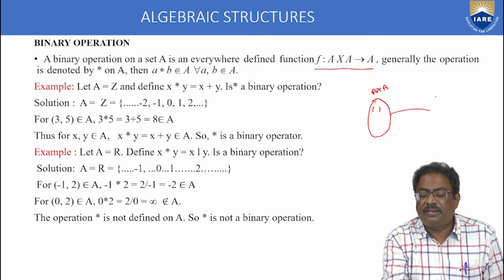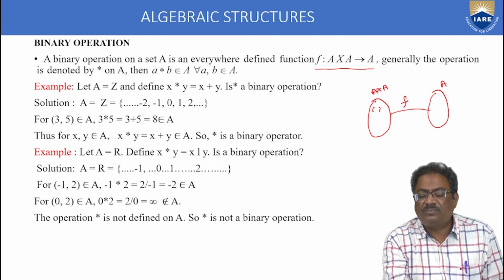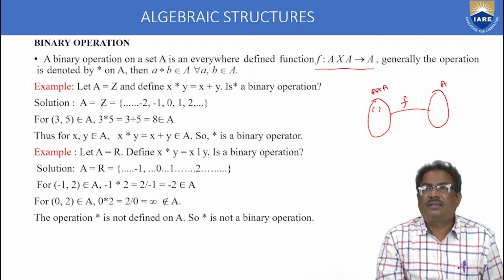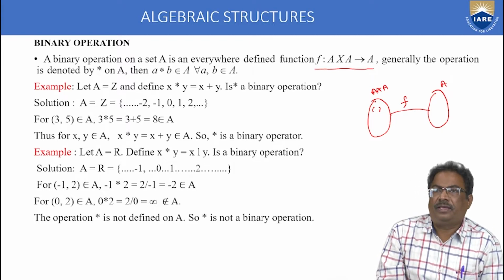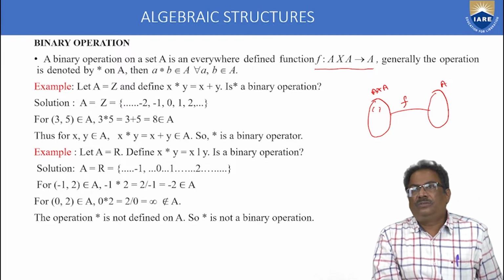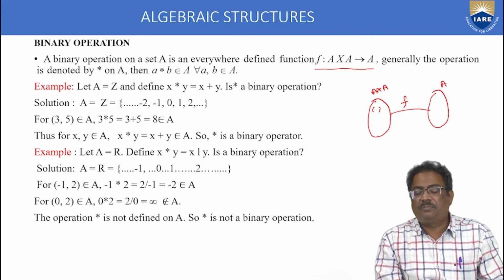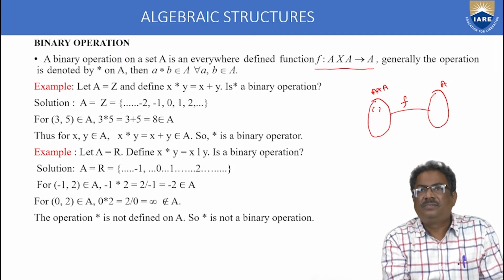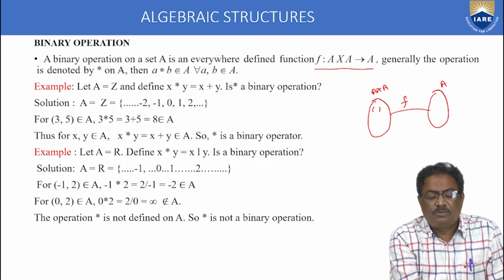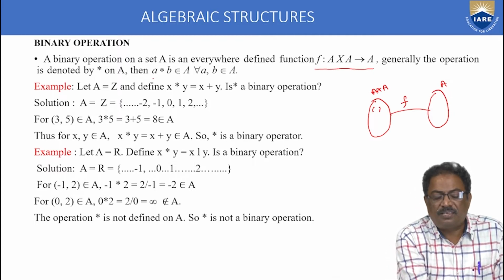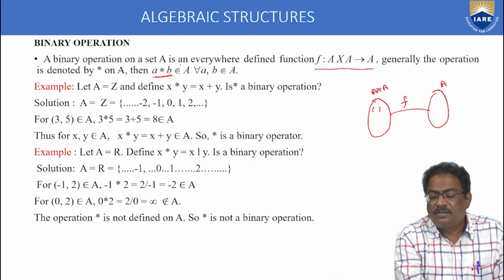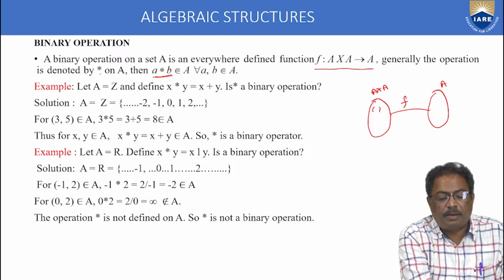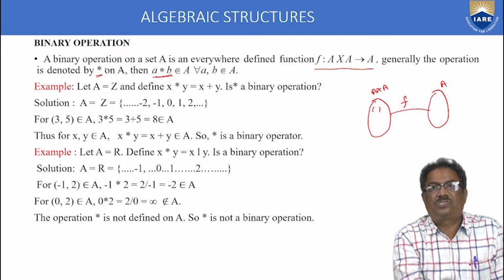See, this is a function from A cross A to A. Here A cross A is nothing but the set of all ordered pairs. Those ordered pairs we are going to represent as A star B, because we are denoting the binary operation with the symbol star.